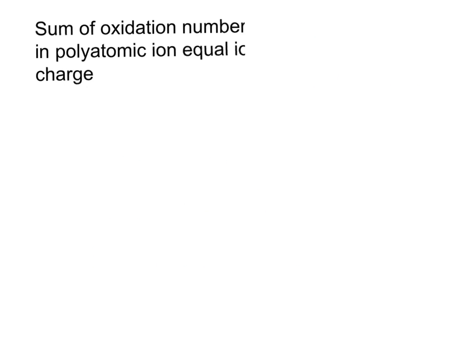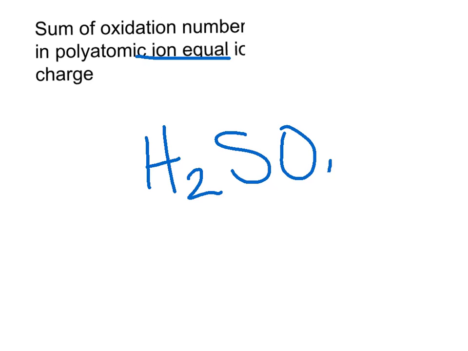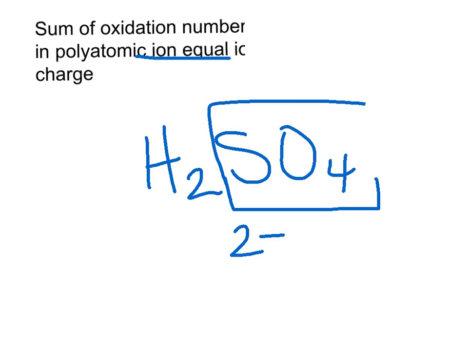The sum of the oxidation numbers in a polyatomic ion has to equal the ion charge. An example would be if we had H2SO4. This SO4, the sulfate polyatomic ion, has an overall charge of 2-. That means that this polyatomic ion has to come up to a 2- or a -2.